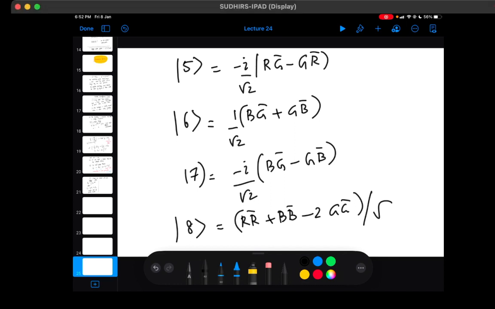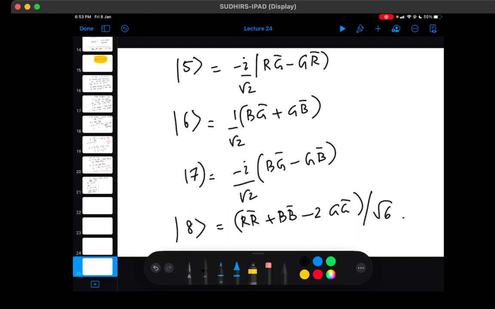So these 8 would be the generators of the gluon fields, and note that all of them have color in them.